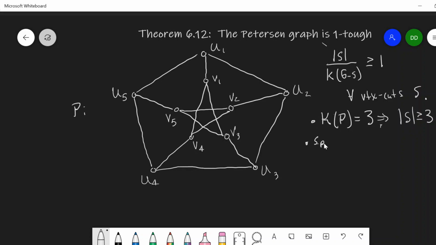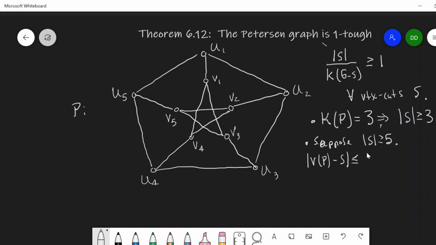So suppose the cardinality of S is greater than or equal to 5. Since the order of the Petersen graph is 10, that would mean that we would have at most 5 vertices left over. That is, the cardinality of the vertex set of the Petersen graph minus S would be at most 5.